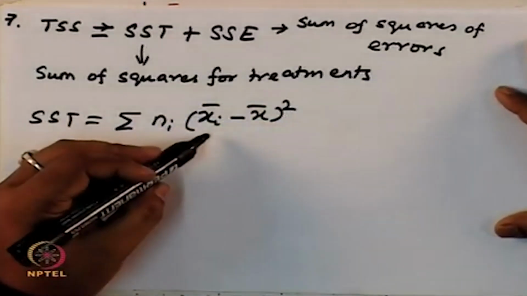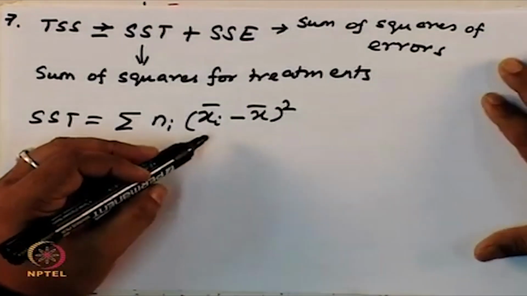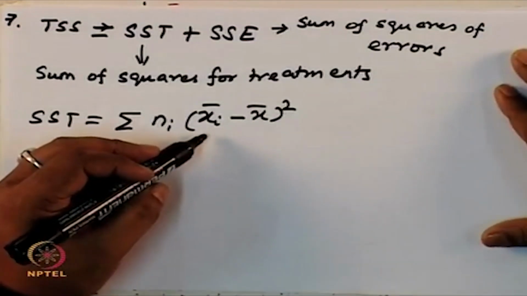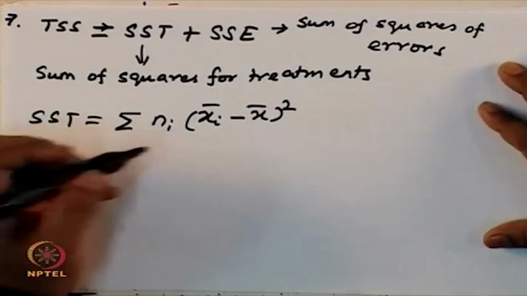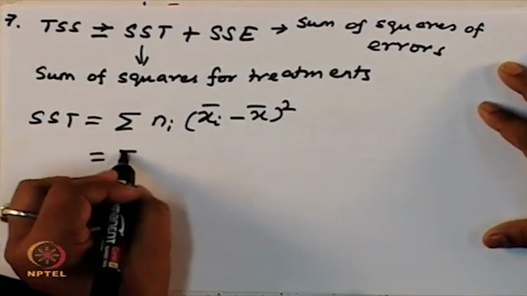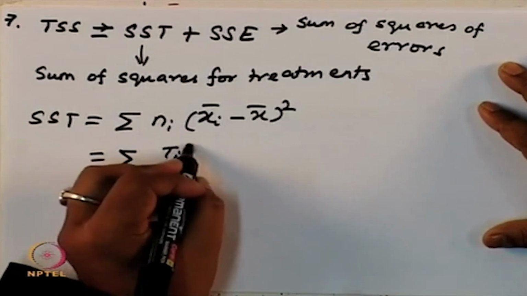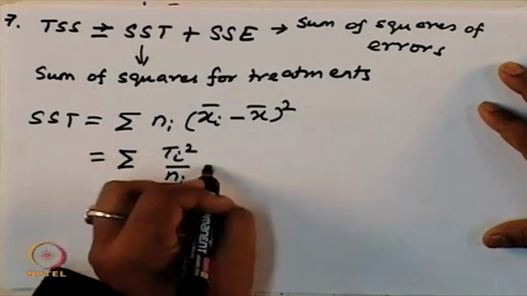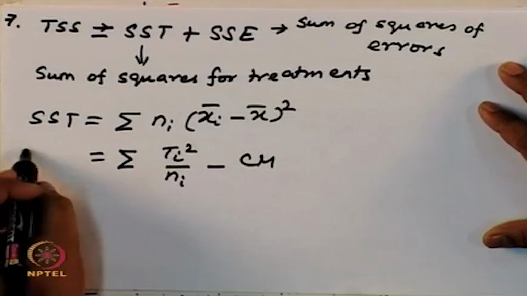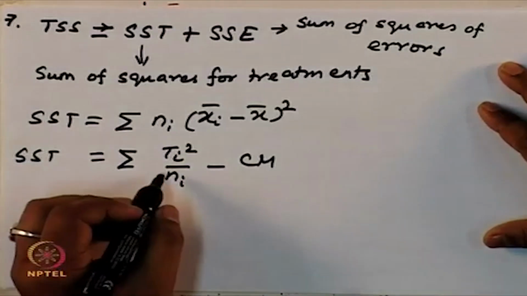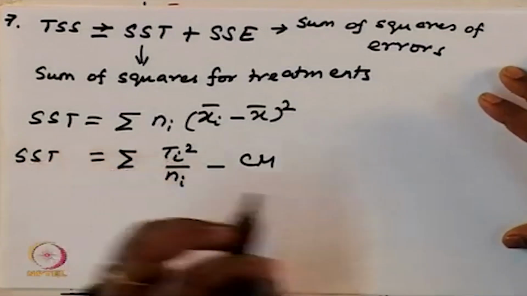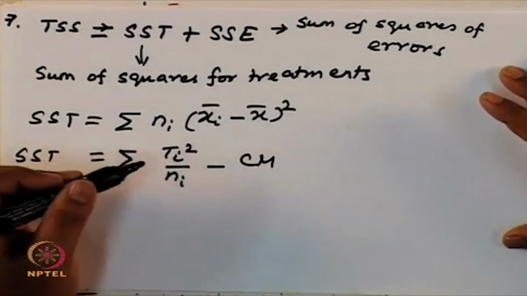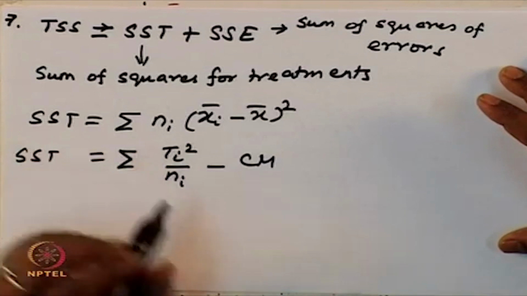So, xi bar is the sample average for the ith sample, and Ni is the sample size of the ith sample. This you can again expand and show that SST is the same as the summation of Ti square by Ni, where Ti is the total sum of the ith sample.